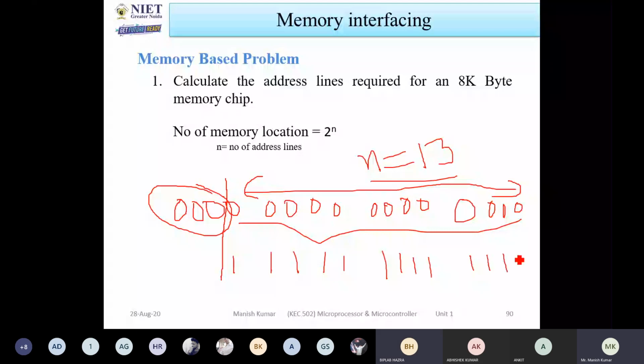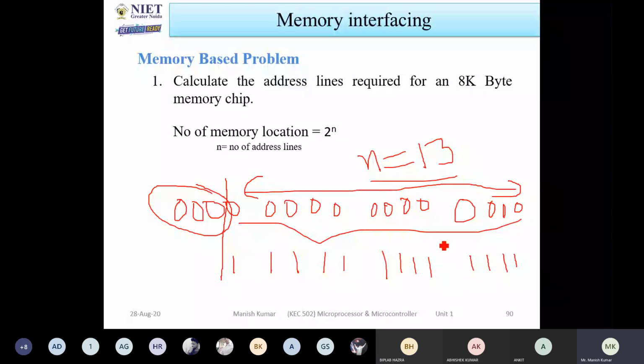With the help of 13 bits, you can write the numbers 0 up to 1111. It will increase by 1: first is 00, then 1, then 10, 11, like that.